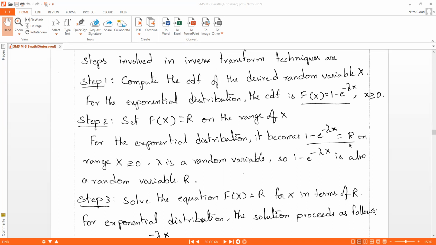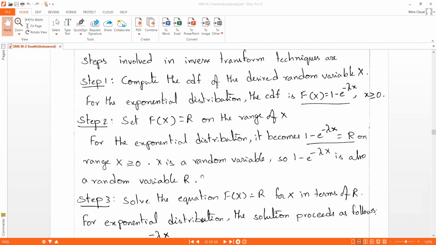Since x is a random variable, 1 minus e power minus lambda x is also a random variable r.